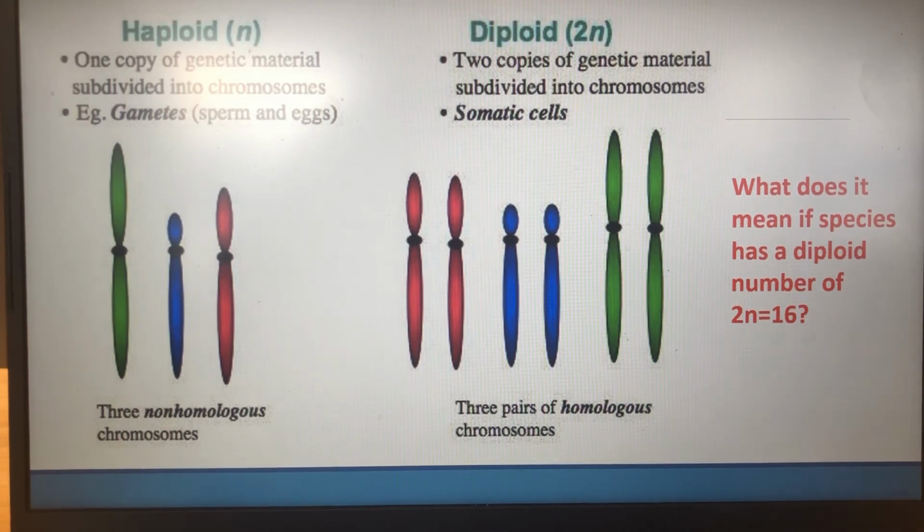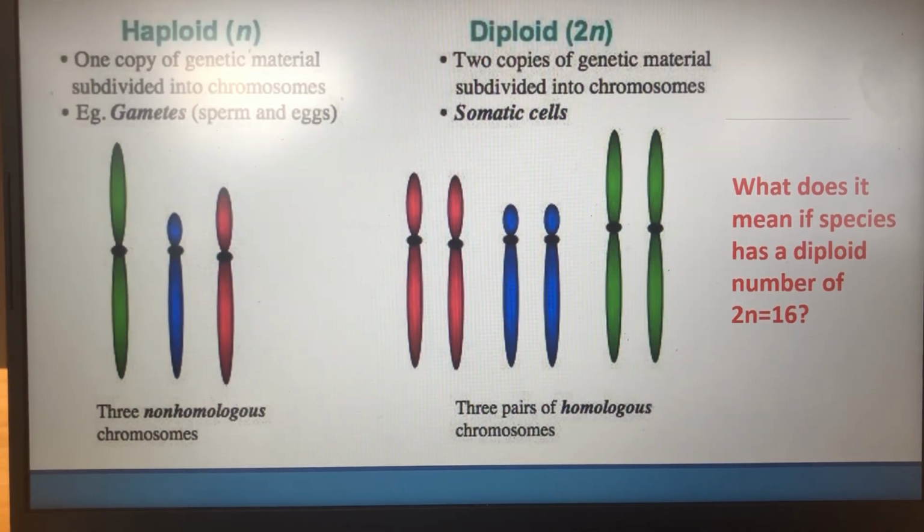But what that would mean is that the diploid number is 16 chromosomes per cell. We could say that each cell has 8 homologous chromosome pairs, and we could say that the haploid number would be N equals 8.